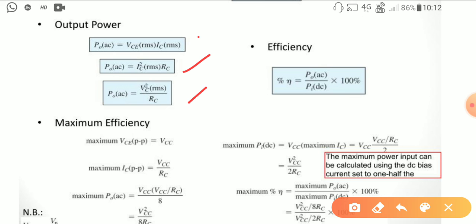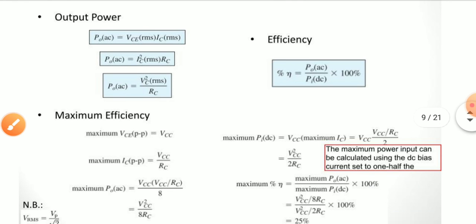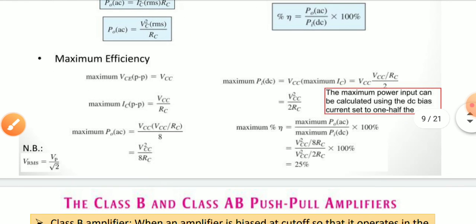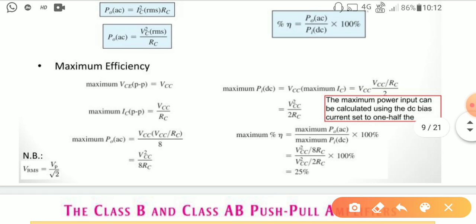If you put in the values in RMS form, the value becomes VC squared by 8 RC. In the voltage form, the output power is VCC squared by 8 RC.